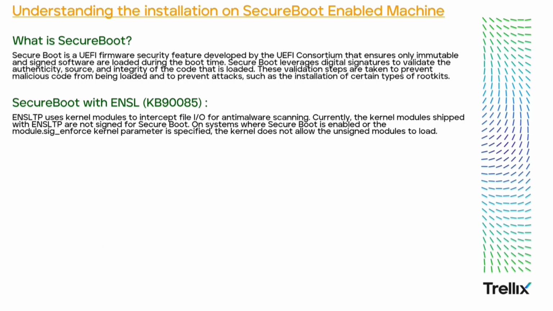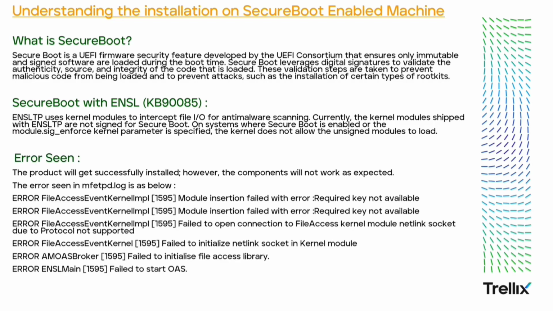Even though the installation of Endpoint Security for Linux is successful, the components will not be enabled and it doesn't work as expected. There are certain errors which are seen in mfetpd.log. Here, the log clearly shows the error message stating that module insertion failed with error, required key is not available. Let's see how to overcome the scenario in the demo session.